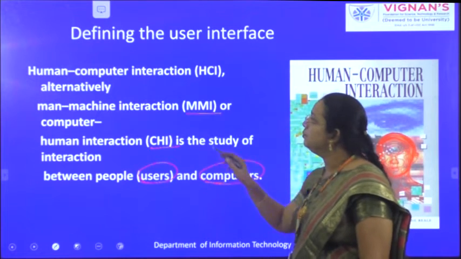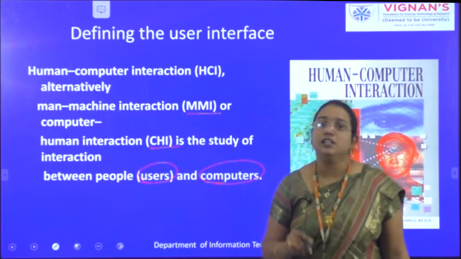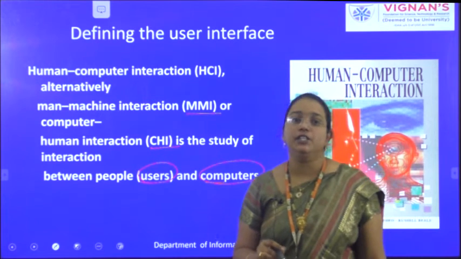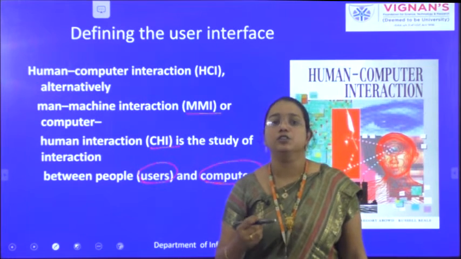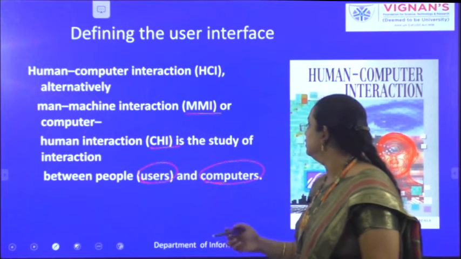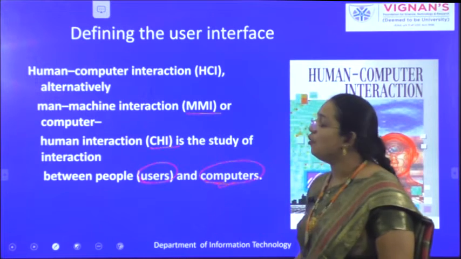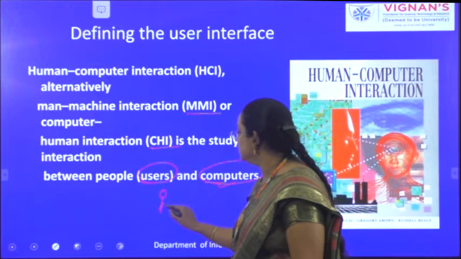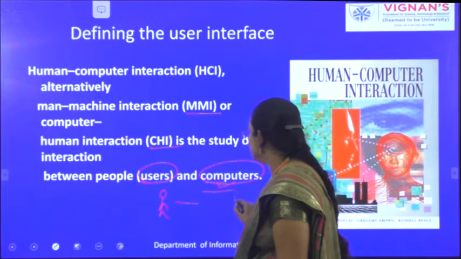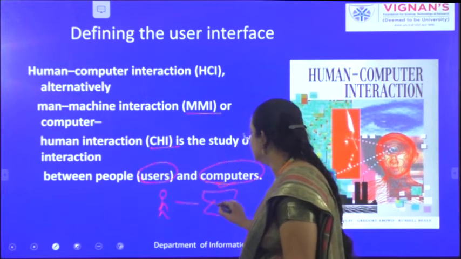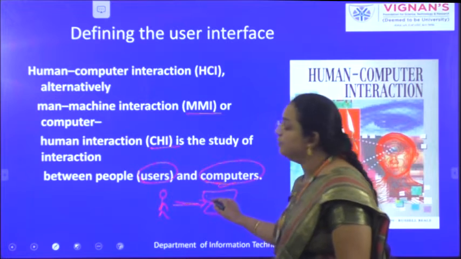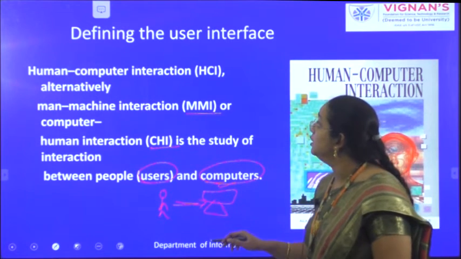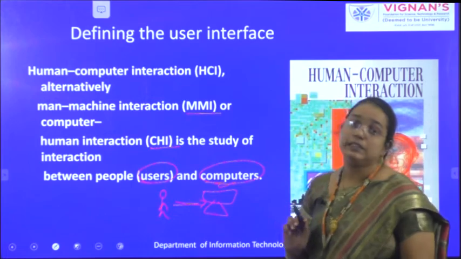What do you mean by HCI? HCI is defined as the study of interaction between the people, the users of the computer, and the computers. Now we are going to see how the particular user is going to interact with the system. This is nothing but human-computer interaction.